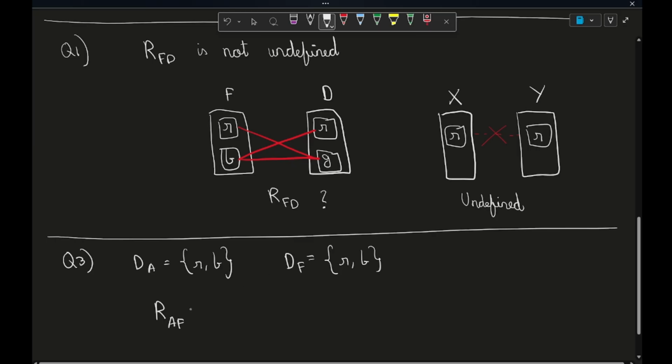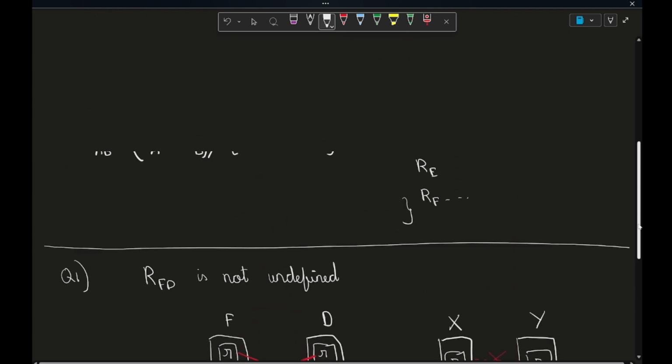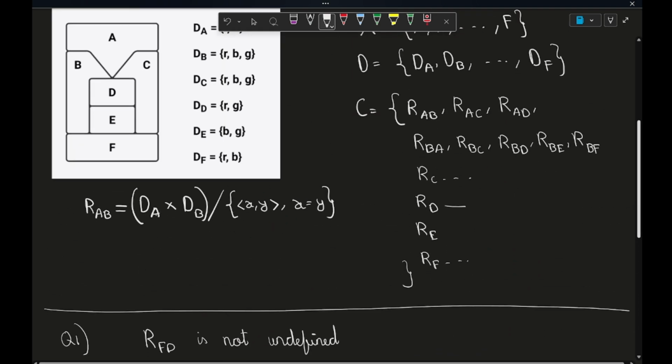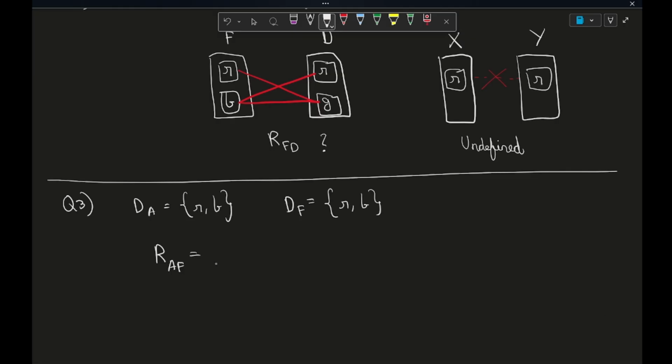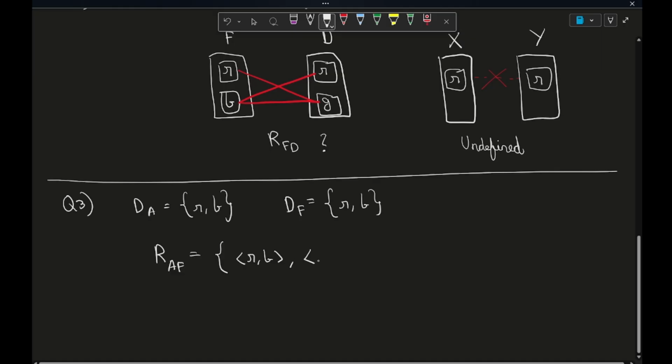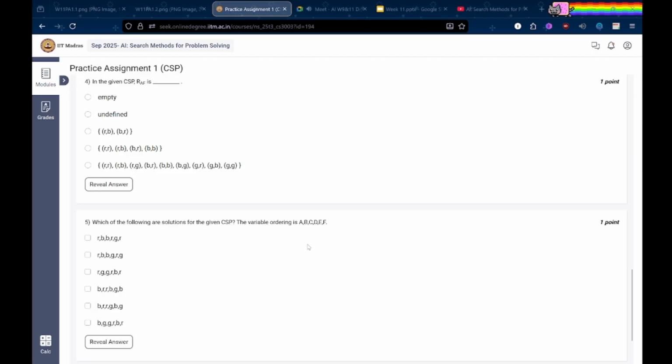RAF, like we defined the definition earlier, that the Cartesian product of the two domains and the set difference of this set wherever x and y are true. So it simply means that it should be something like RB and BR. That's really it, right? Only these two are possible. Yes.